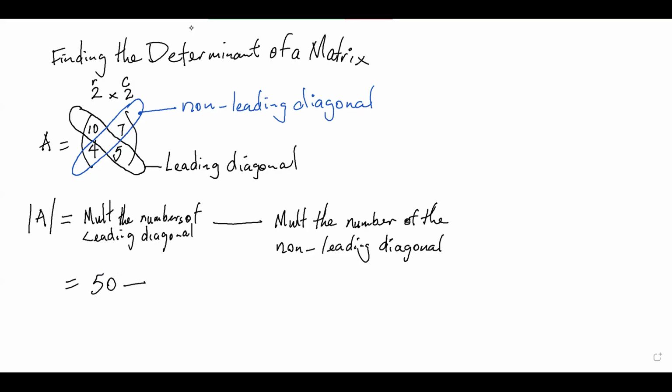And Shalomi, multiply the numbers of the non-leading diagonal. 28.